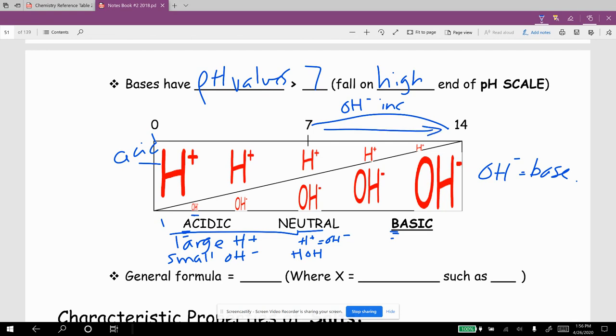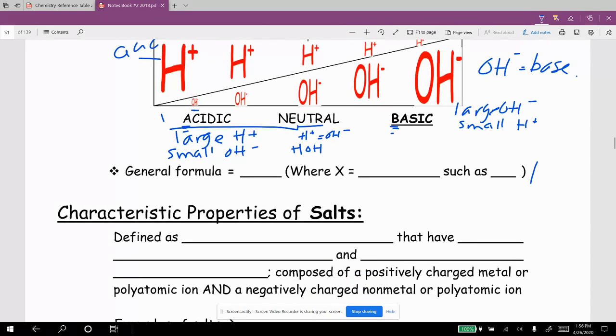And our H plus decreases. So in our basic range, we have a very large OH minus concentration and a very small H plus. So as pH increases, OH minus increases, but H plus decreases. It becomes less acidic.